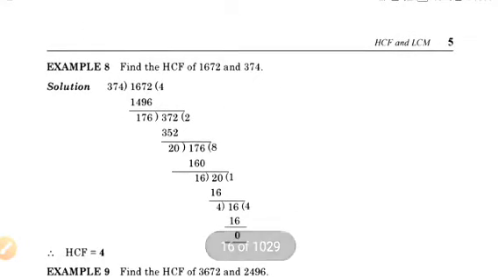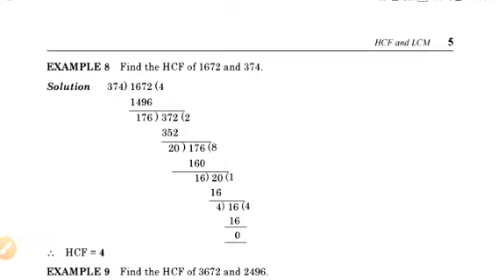Okay, here in example number 8, we are asked to find the HCF of 1672 and 374 by the division method. As 1672 is greater, we divide it by 374. 374 4s are 1496. We get the remainder 176. Now the divisor will become the dividend and the remainder will become the divisor. We get 352 and the remainder is 20.